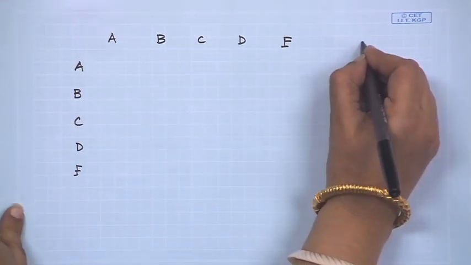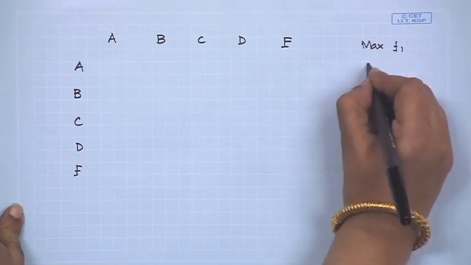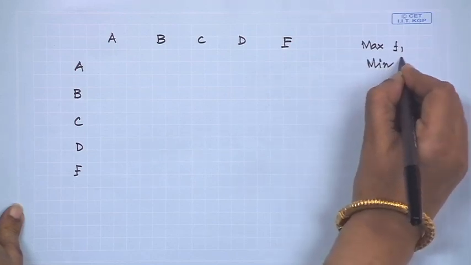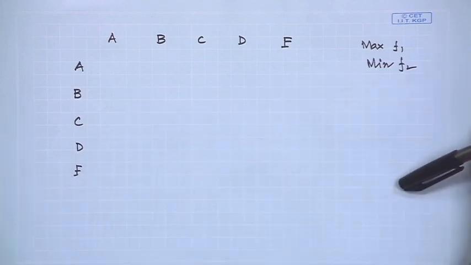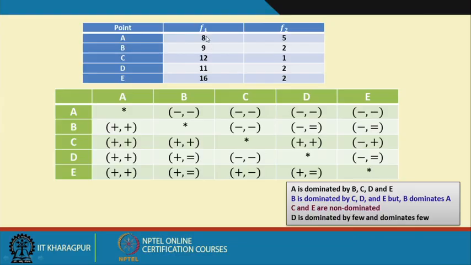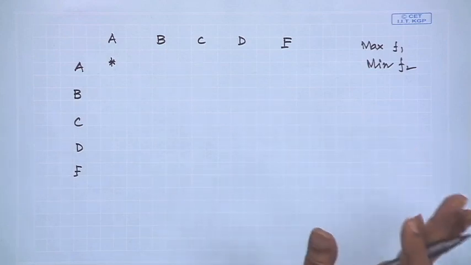We have targeted maximization of F1 and minimization of F2. Now, look at this data set. Just compare A and A. If I compare A and A, nothing can be said because both are equal.